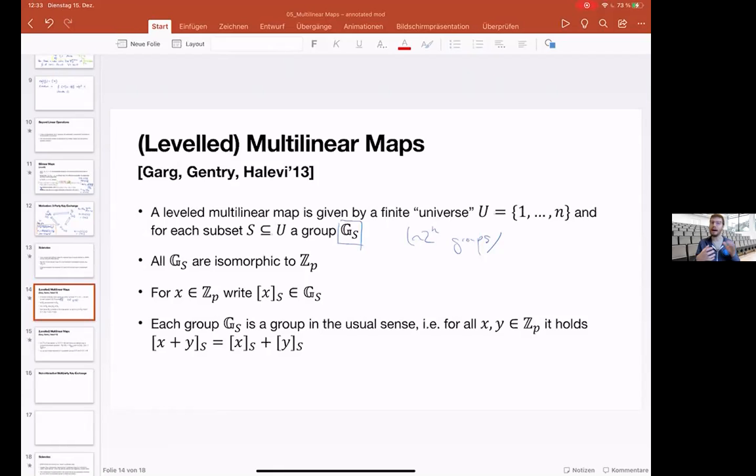While bilinear maps allow us to perform multiplication between two fixed groups and nothing else, I can do a single multiplication so that I'm in this group G3.